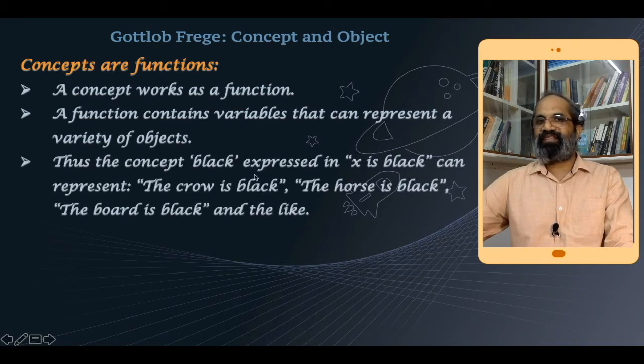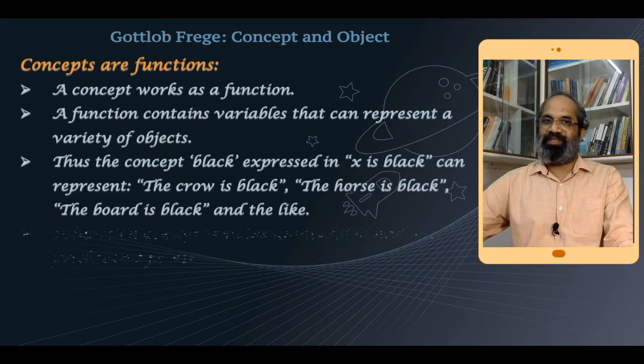Thus the concept black is expressed in x is black. Like what I told, x square. So x is black can represent the crow is black, the horse is black, the board is black, or the pen is black in any way. So it works as a function. Anything can be filled in place of x. That's why it becomes unsaturated or incomplete.